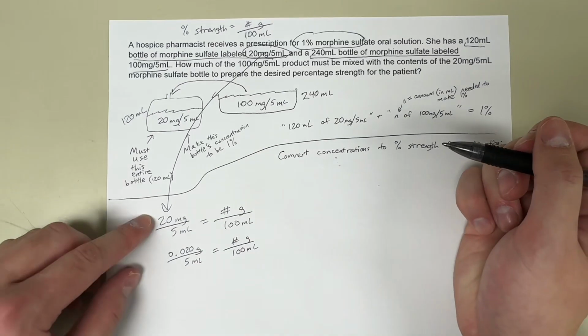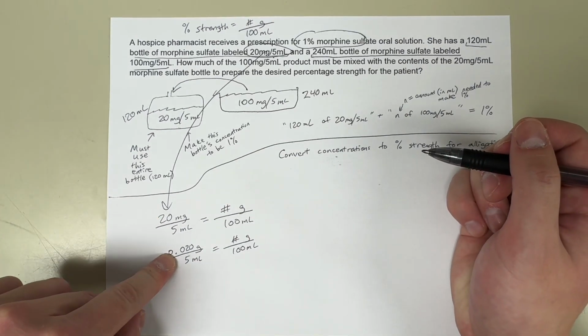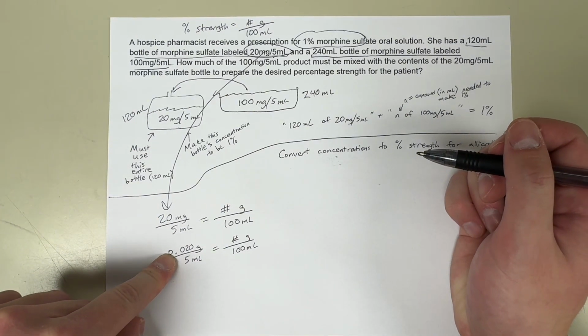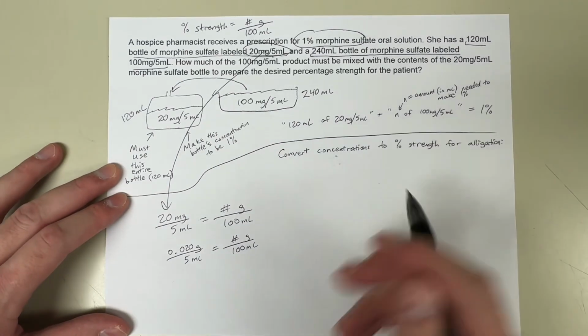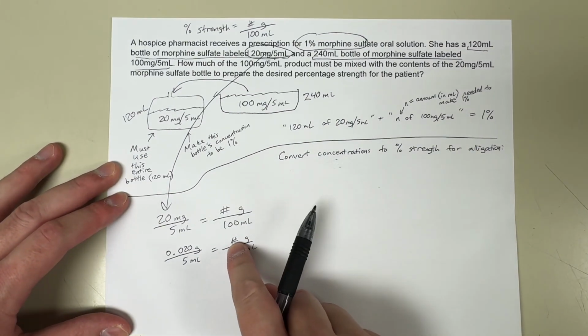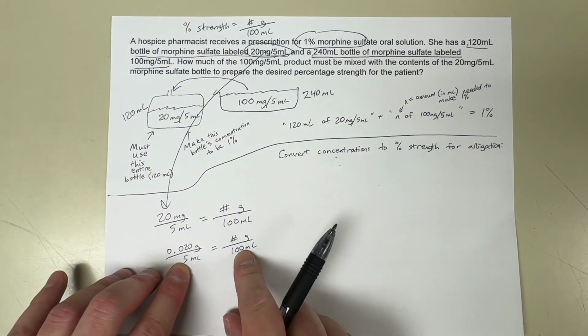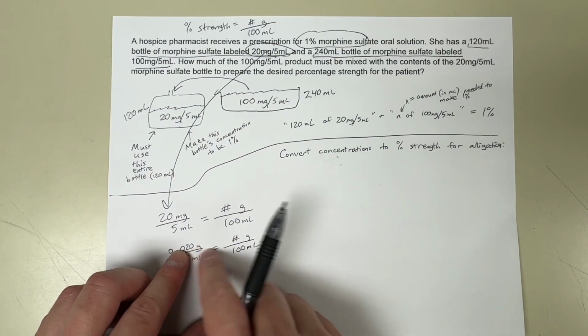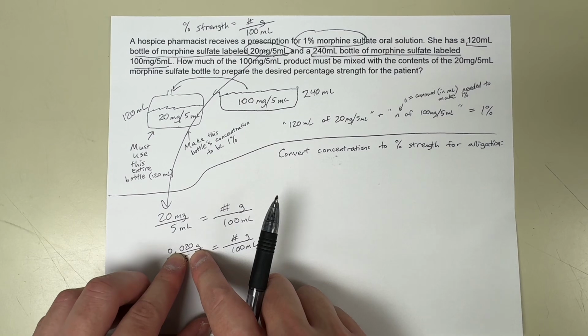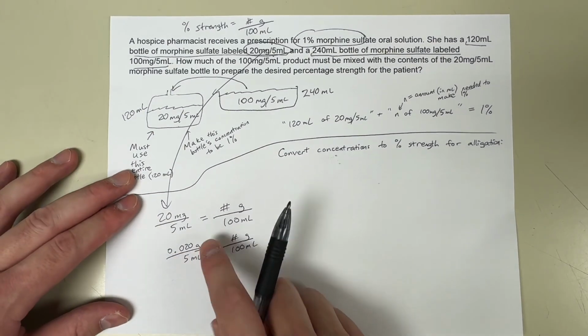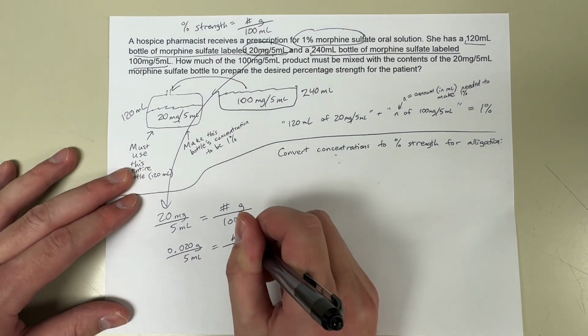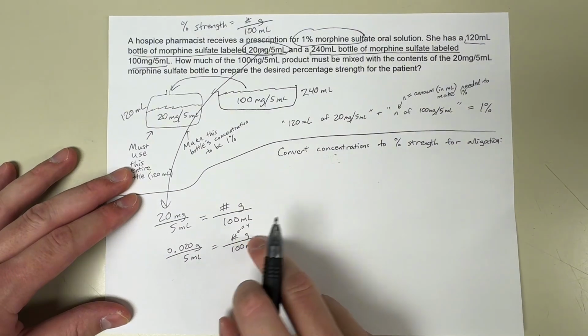That's the only thing I did, just convert 20 milligrams to grams to make it easier to solve, because I want my number here in grams. If I multiply the denominator by 20, I have to multiply this numerator also by 20. So 0.02 times 20 equals 0.4, which is going to be the numerator here.